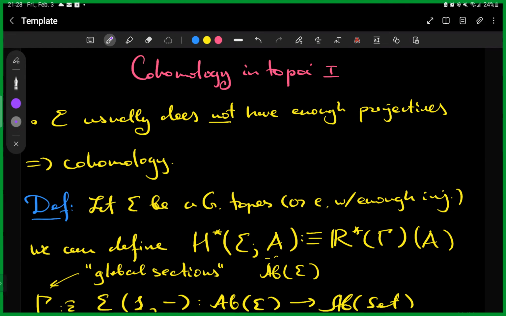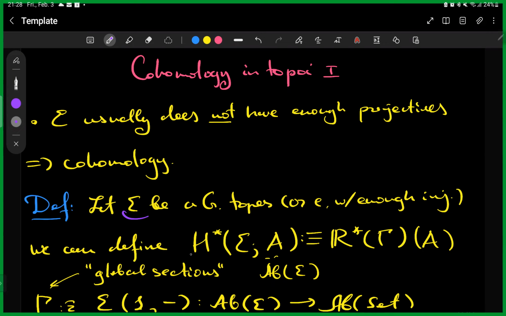And now let's define what is cohomology in a Grothendieck topos. So assume that we have a Grothendieck topos E, or actually it's not important. We can just consider an elementary topos with enough injectives. The structure of a Grothendieck topos is completely irrelevant at this stage.